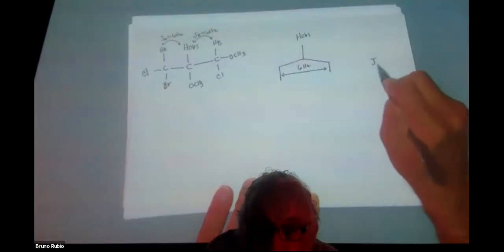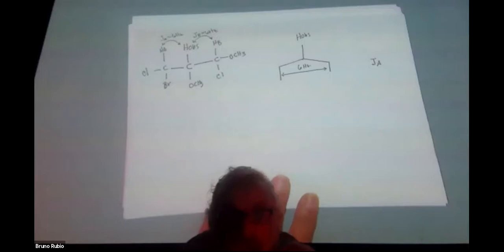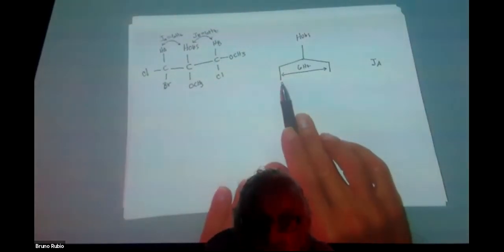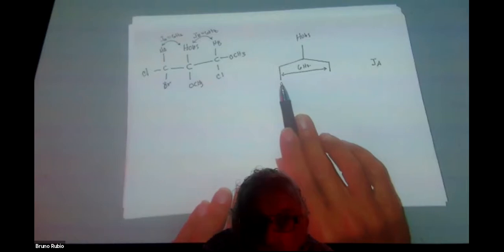I've turned on the splitting to HA. Okay, now I'm going to turn on the splitting to HB, where each of these doublets is now split into a doublet of its own. So this one is split into another 6 hertz doublet. I turned on the JB splitting. So this one is split into a doublet of its own.